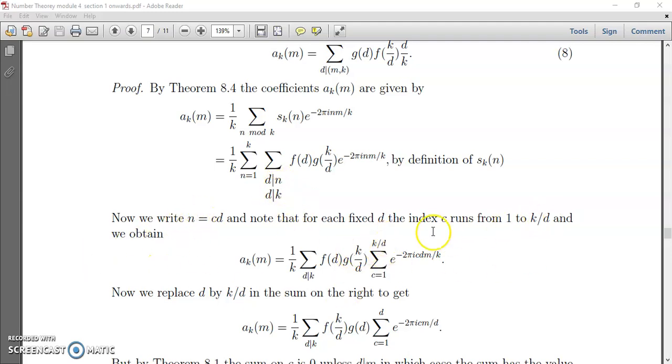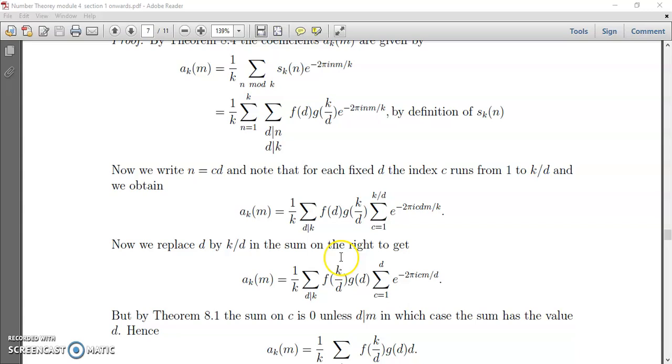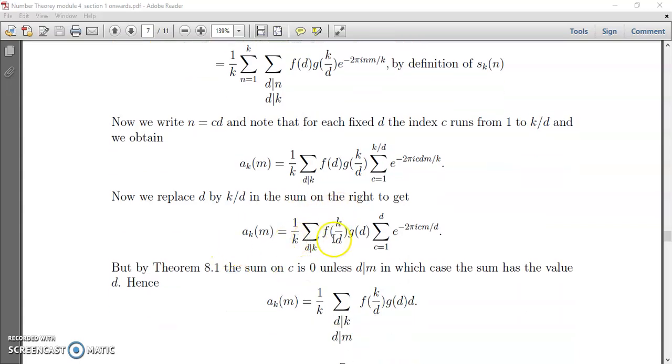Because we have already taken d divides k, the remaining is k by d. So c from 1 to k by d is this one, and now we replace this, and we get a_k(m) in this form.